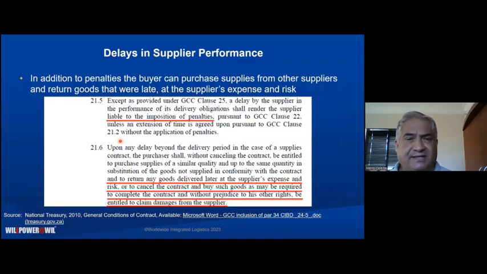But then it comes back to the delay. It says that you can impose penalties. 21.5 talks about how you can impose penalties if there is a delay in terms of the suppliers not delivering on time. So that is clearly there. It then goes on further.